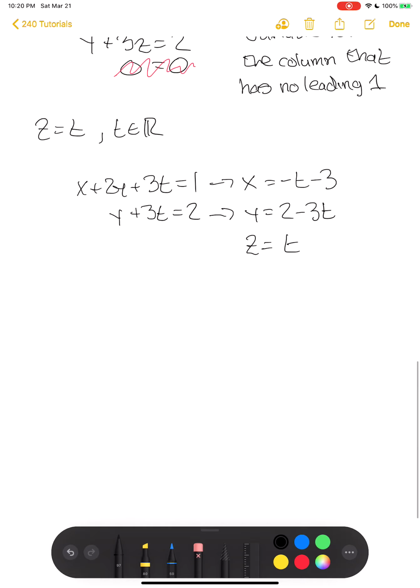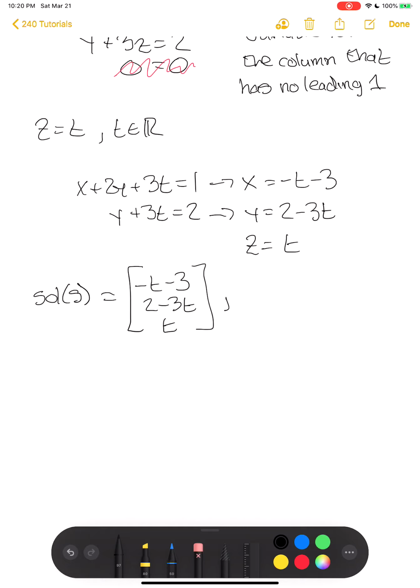So our solution looks something like this. And I should say solutions: negative t minus 3, 2 minus 3t, and t. And I have to let t be any number I want. So, like I said earlier, if I pick t to be 0, then my solution here will be negative 3, 2, and 0.